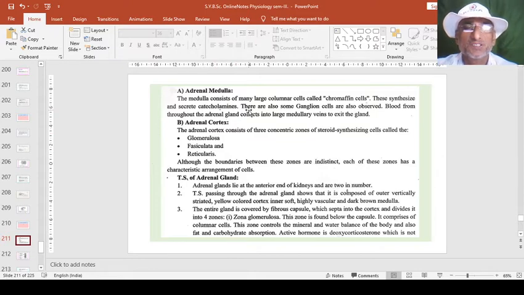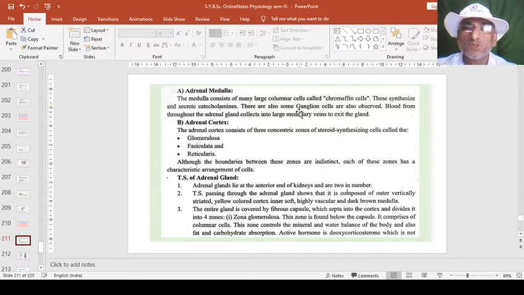So this consists of many large columnar cells, generally called as chromaffin cells. This actually we have seen in last lecture, but again I am going to repeat it to understand better for you. So chromaffin cells, these synthesize and secrete catecholamines.